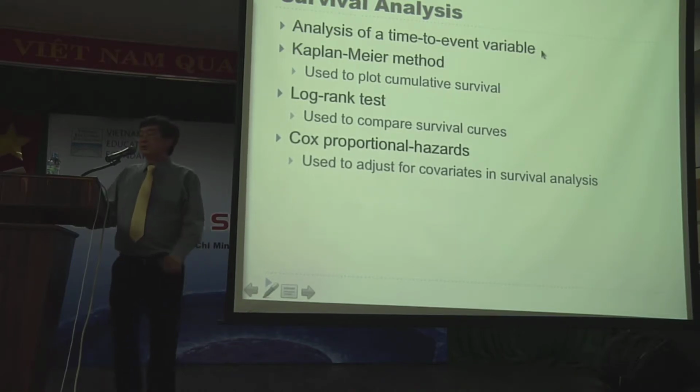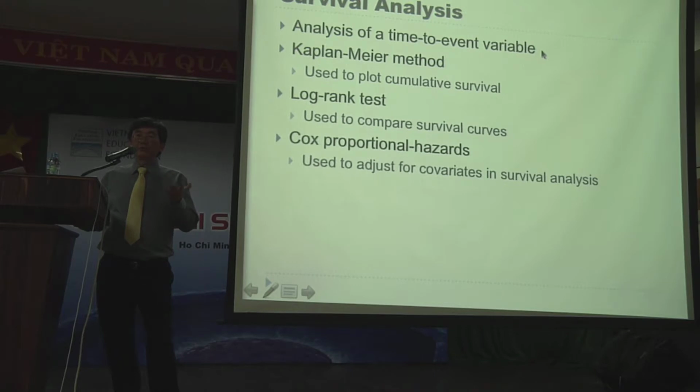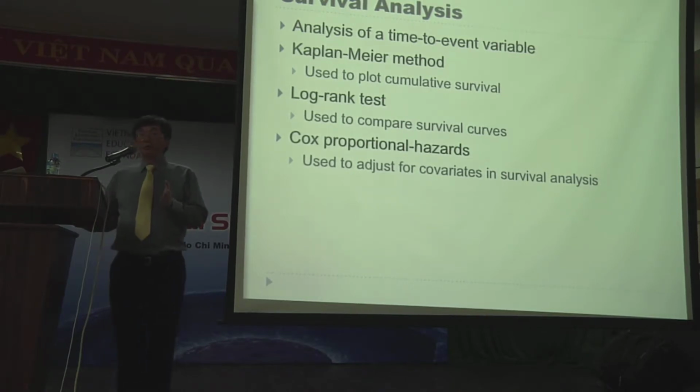Survival usually refers to the time from the time of diagnosis to the time of death. But alternatively, you can define a time to event variable and use the same type of methodology or analytical method to analyze this type of time to event data.